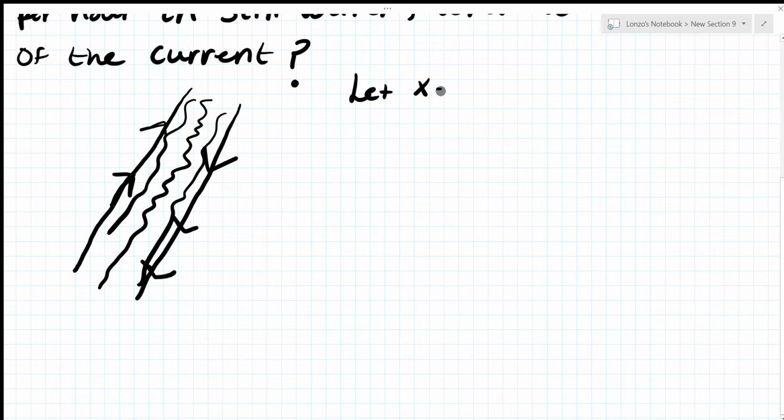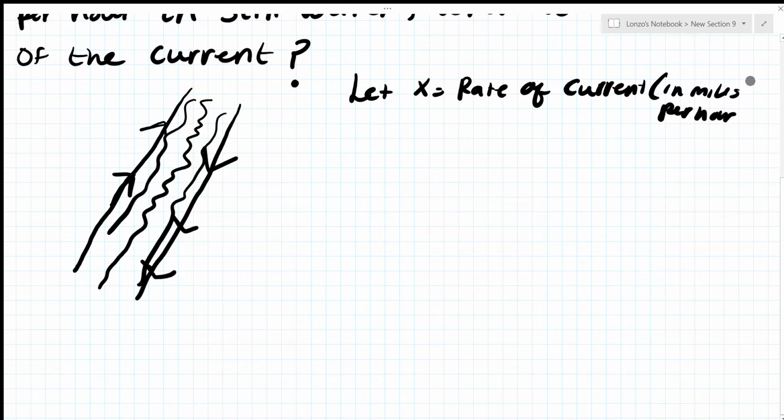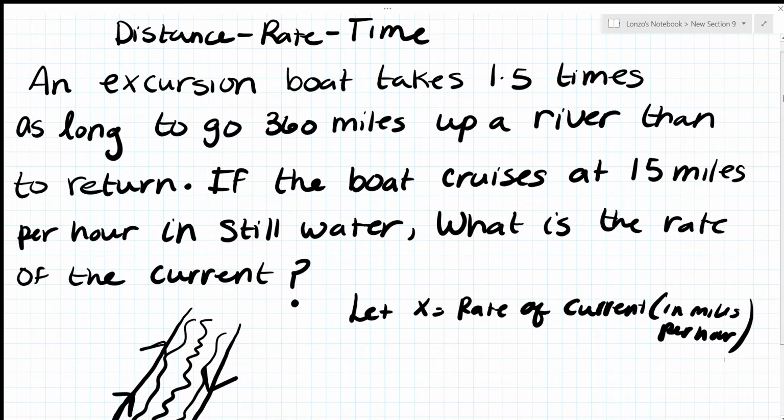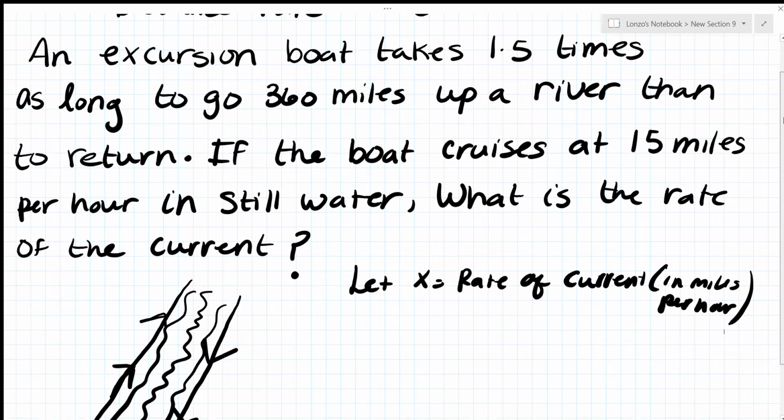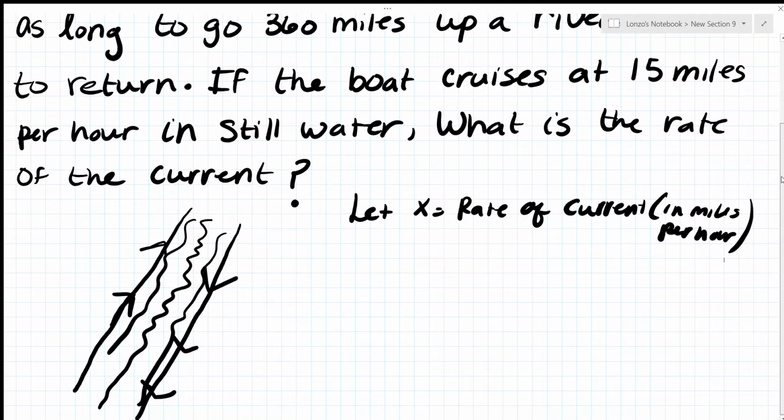Let x equal the rate of current in miles per hour. So let me reread the problem. An excursion boat takes 1.5 times as long to go 360 miles up a river than to return. If the boat cruises at 15 miles per hour in still water, what is the rate of the current? So we don't know the rate, so we'll call that x.